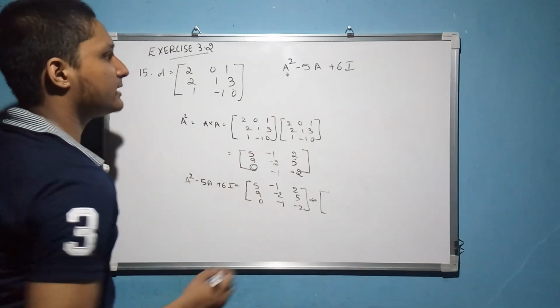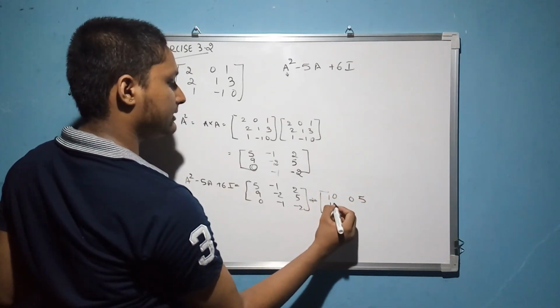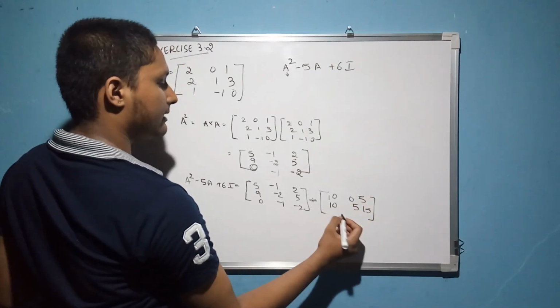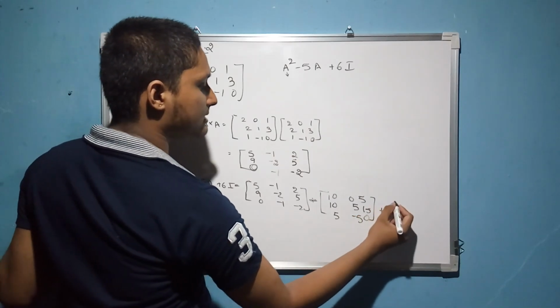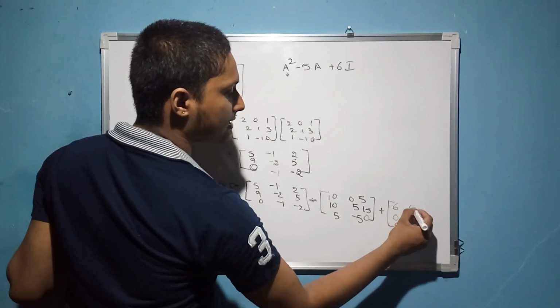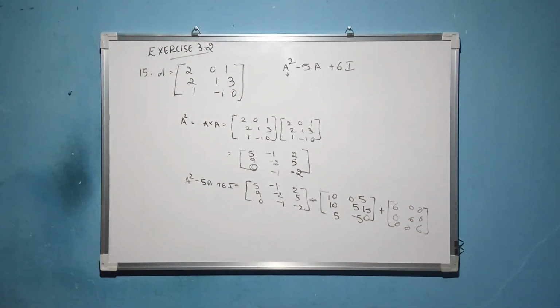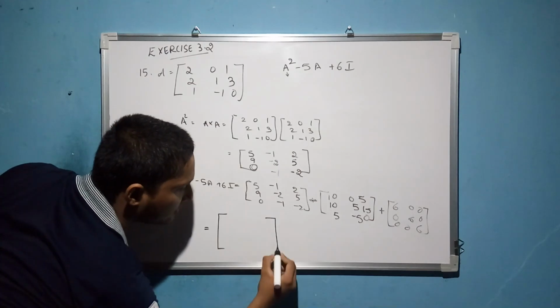That becomes 10 0 5, 10 5 15, and 5 minus 5 0, plus 6 6 6 and the remaining entries 0. This is what you need to add in this case. So you are going to get a 3 by 3 matrix here.